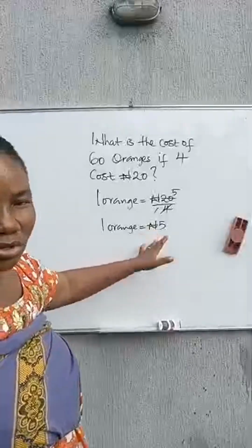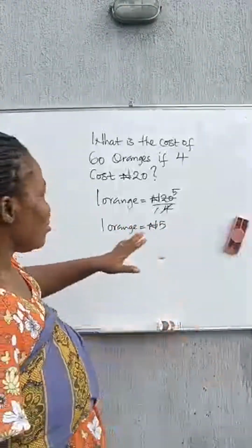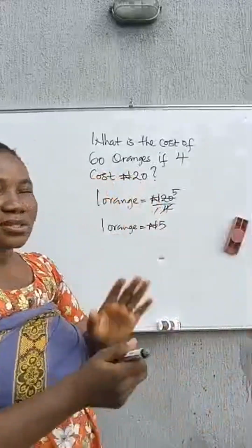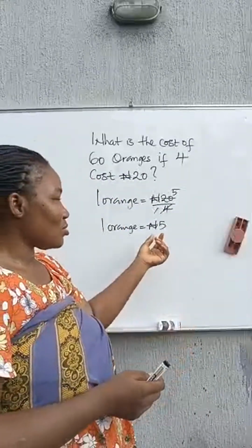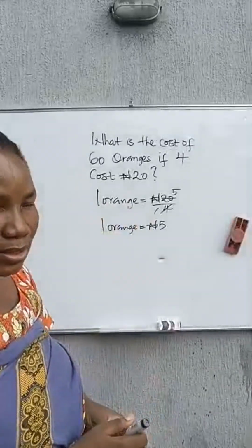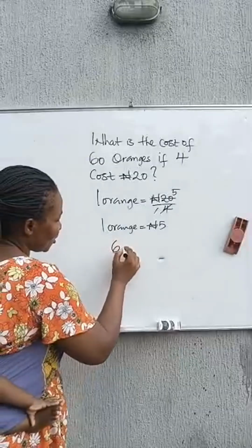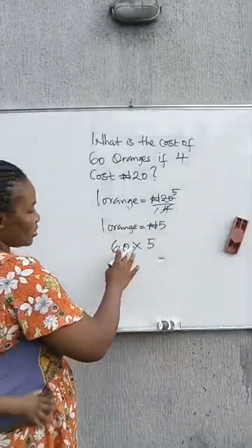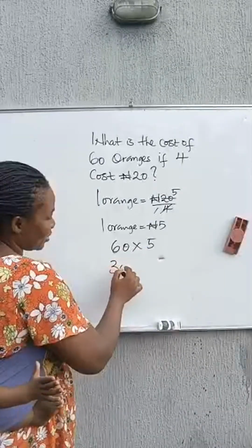Now that we know the cost of one orange, it is easier for us to know the cost of 60 oranges. We just need to multiply the cost of one orange by 60. So we have 60 oranges times 5 naira. 6 times 5 is 30.